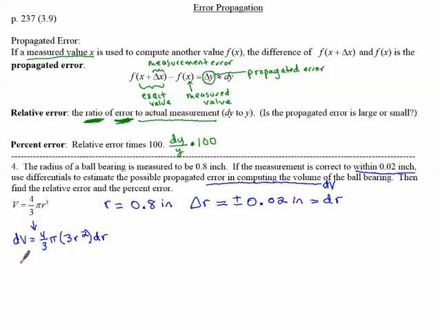Now we can plug in the values that we have to help us find dV. 4/3 pi times 3, the r is 0.8 squared, and the dr is plus or minus 0.02.